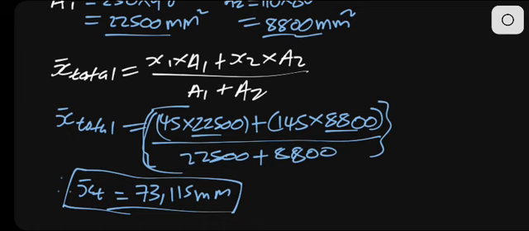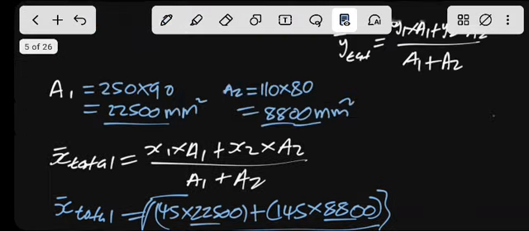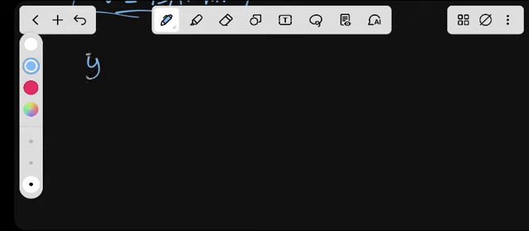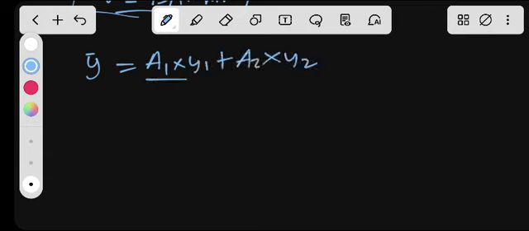So similarly, we'll go to y bar. We know that y bar will be area 1 multiplied by y1 plus area 2 multiplied by y2, divided by area 1 plus area 2. So we have area 1.